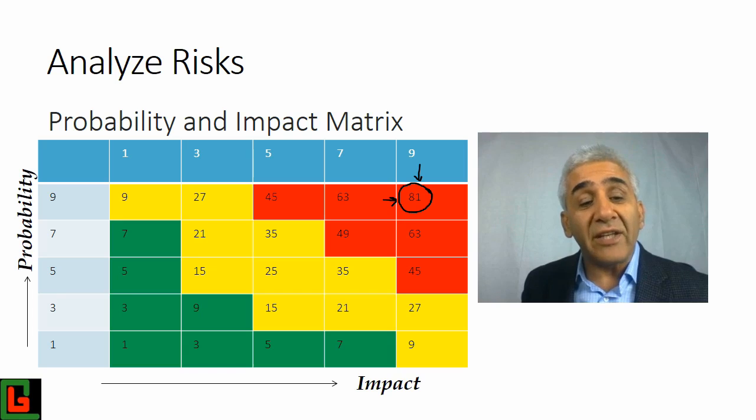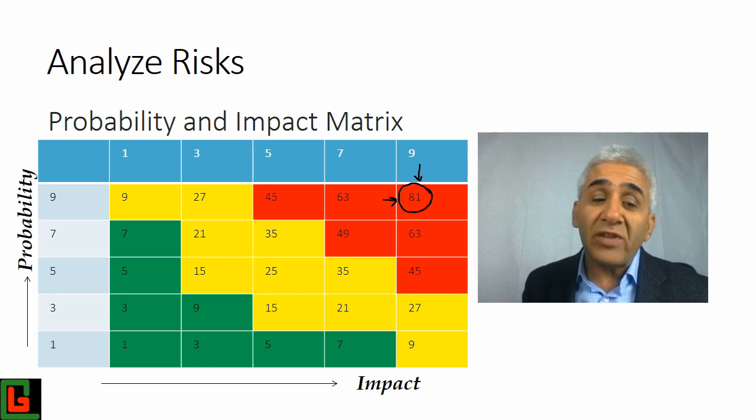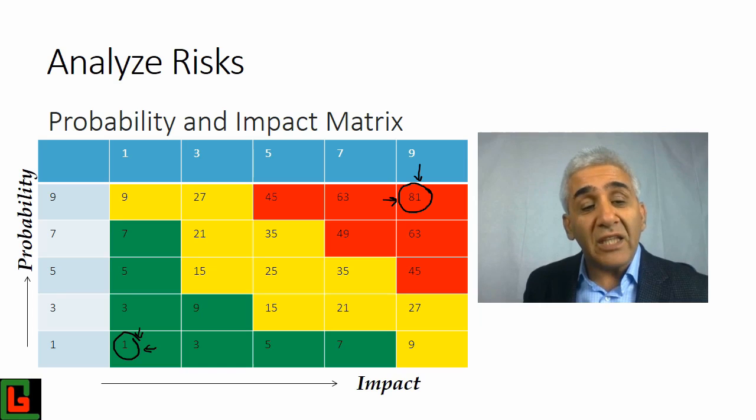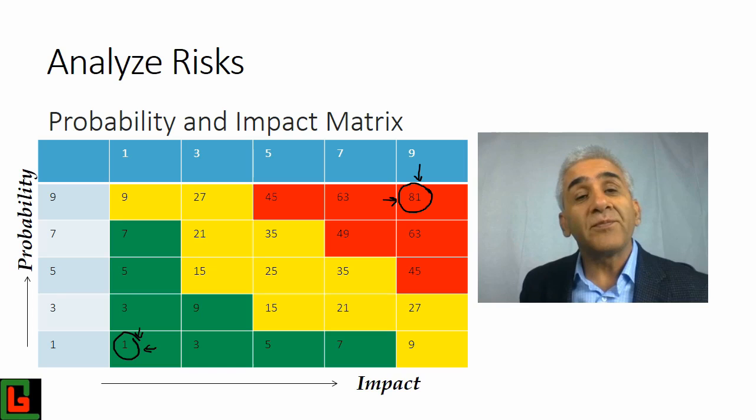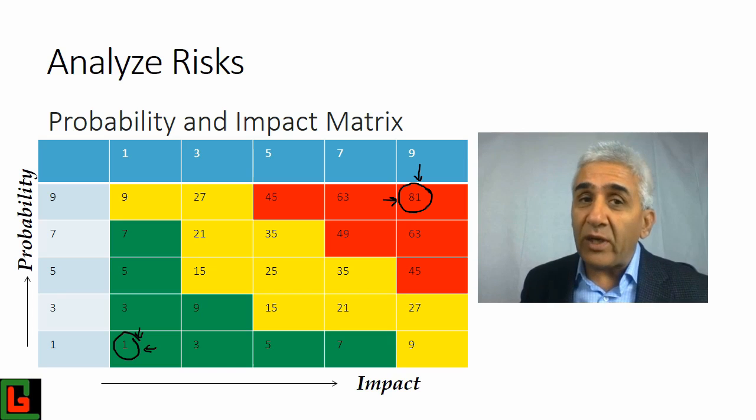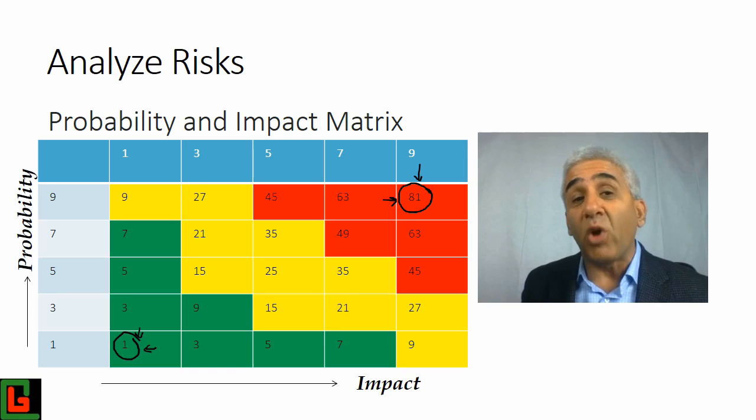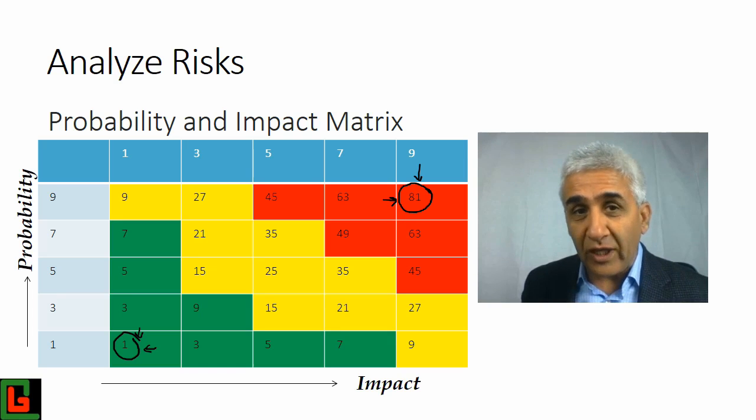So the rating here is 81, and just on the opposite side, if it's a low impact and low probability, that would have been assigned number 1. So anything in this green area, you will ignore for the time being. Yellow ones, you will keep an eye on those risks and take action as and when need arises. But the red ones, definitely you will immediately take action and plan for the action, monitor those, control those actions.